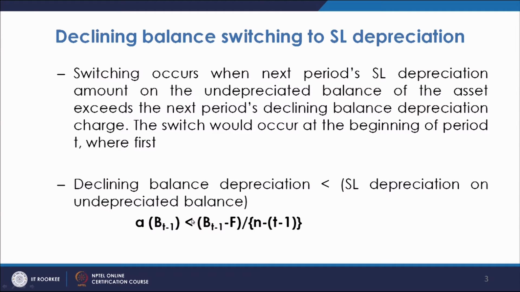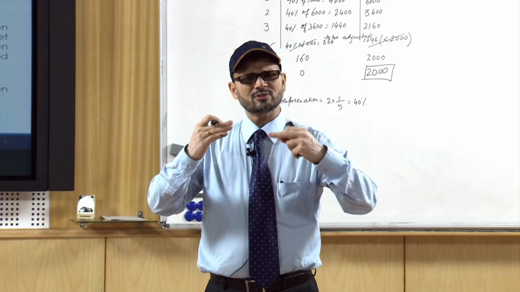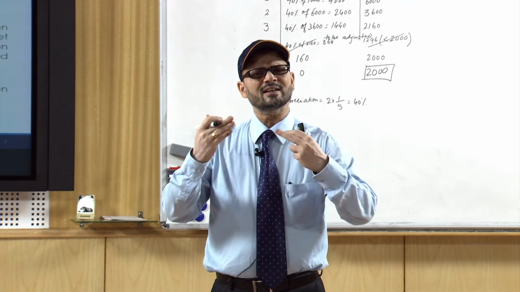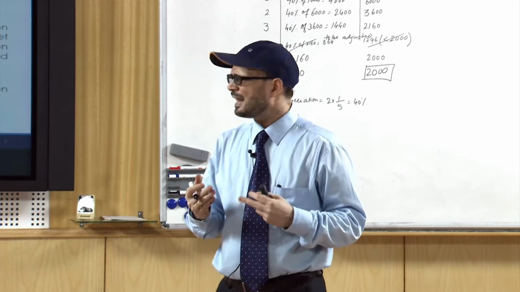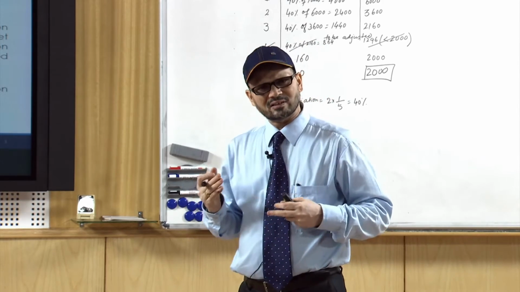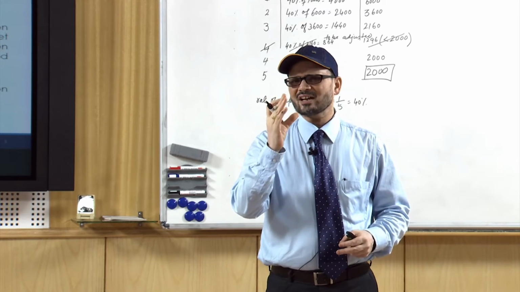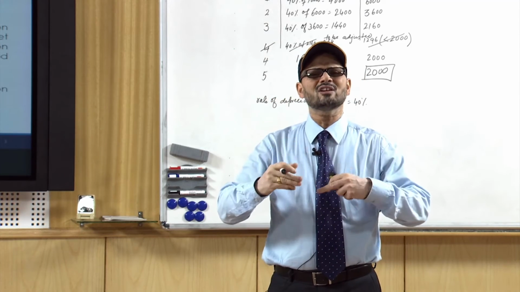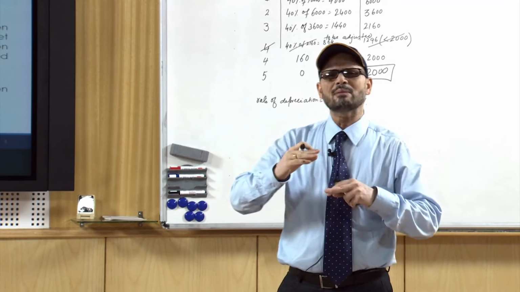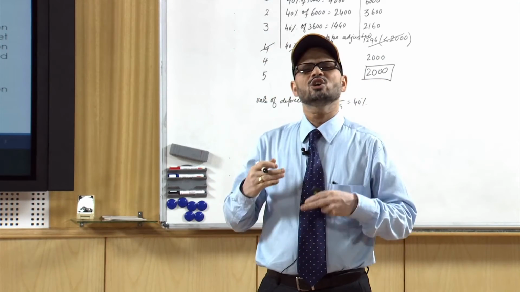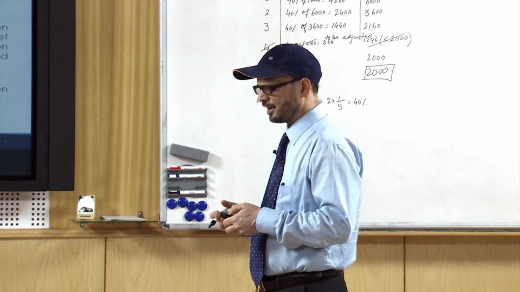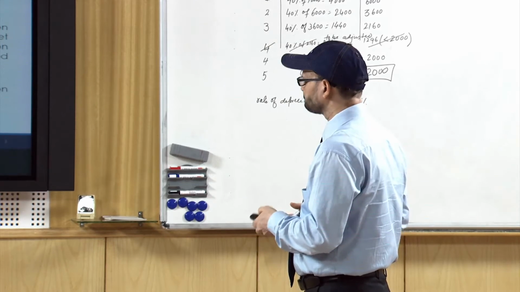So, you have to calculate the depreciation charge using the declining balance method as well as using the straight line method, and at the time you see that the straight line method of depreciation gives you a larger value of depreciation, you have to switch. This is known as the switching method to straight line depreciation type.